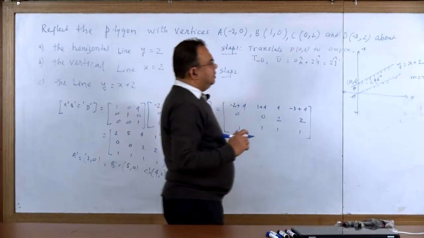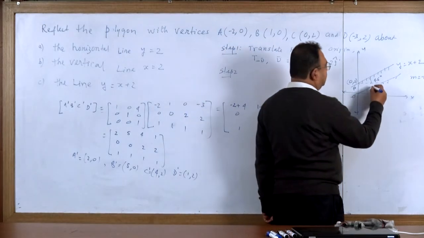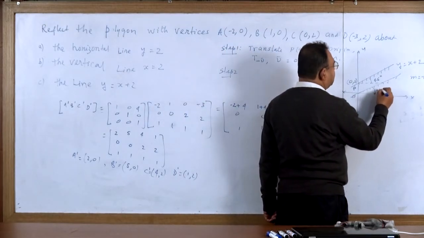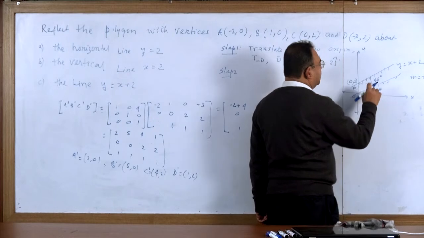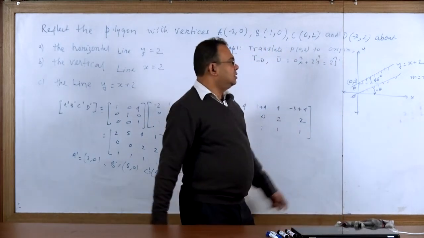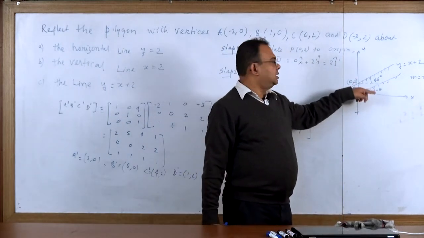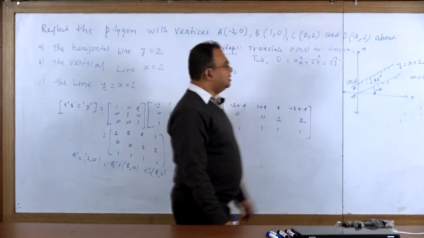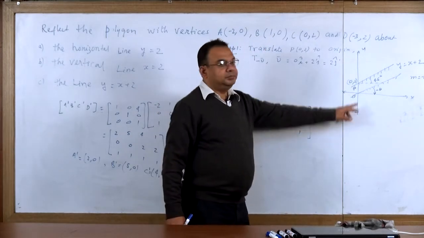Now, we have to give rotation through an angle minus theta, because this is a clockwise rotation. So, this is minus theta. We have to give rotation through an angle minus theta with respect to origin.